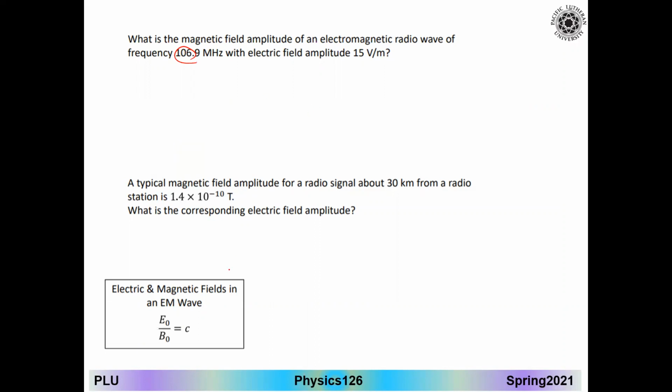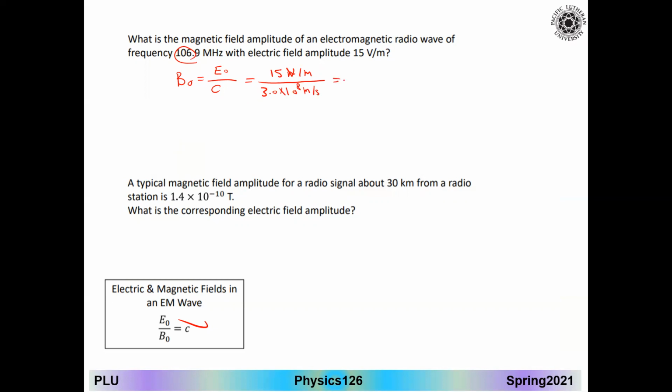So the formula we're going to use: we are given the electrical field, and we can find the magnetic field, which is basically the formula B = E0 divided by c. I have my information here: 15 volt per meter divided by the constant value 3.0 power to the 8 meter per second.